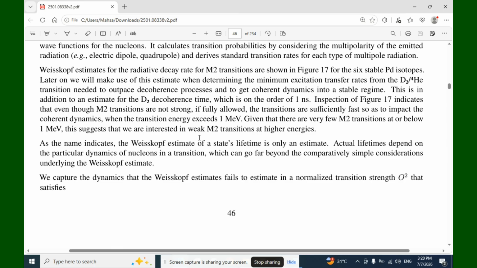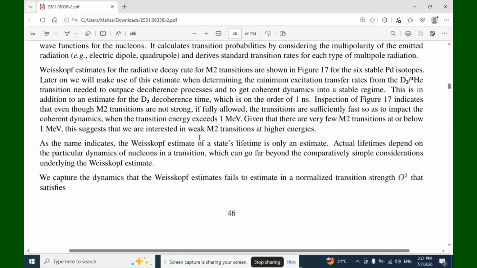Inspection of figure 17 indicates that even M2 transitions are not strong if fully allowed. The transitions are sufficiently fast so as to impact the coherent dynamics when the transition energy exceeds 1 mega electron volt. Given that there are very few M2 transitions at or below 1 mega electron volt, this suggests that we are interested in weak M2 transitions at higher energies.